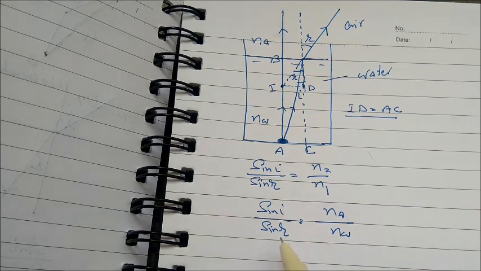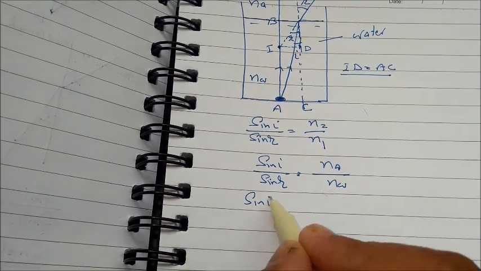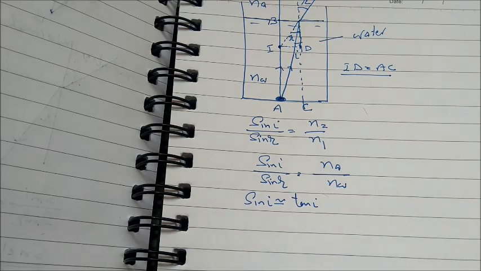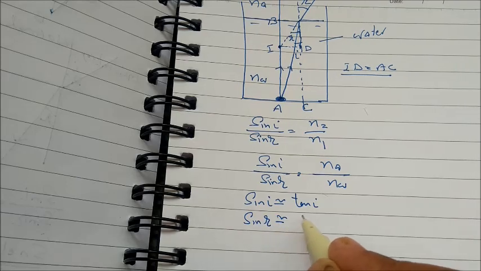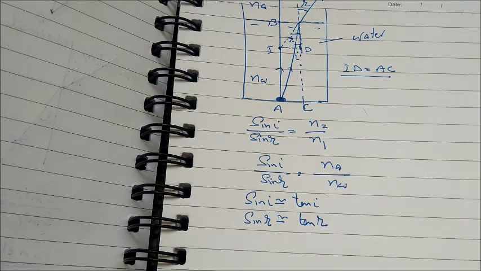If the angles are small, we have done it earlier too, sin i can be written as tan i, and in the same way sin r is equal to tan r, but only for small angles. Sin 0 is 0 and tan 0 is also 0. So for very small values of angles, sin and tan can be taken as equal.